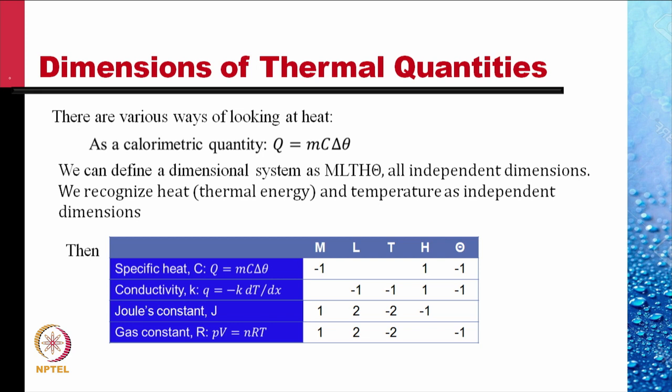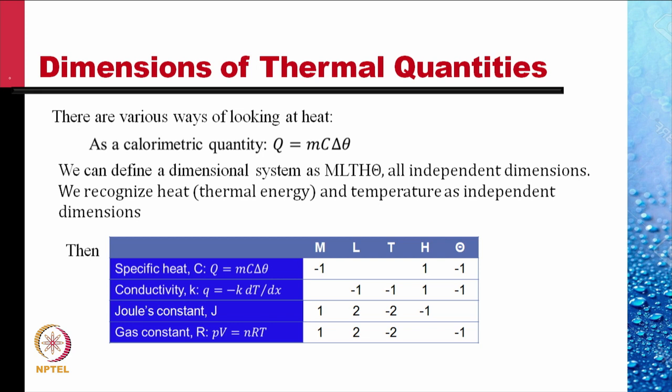We recognize heat, the thermal energy, and the temperature as independent dimensions. Then the specific heat would have a dimension of heat energy per unit mass per unit temperature difference. So M minus 1, H 1 and theta minus 1.